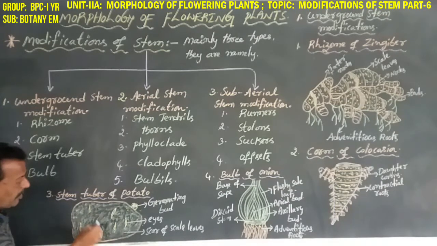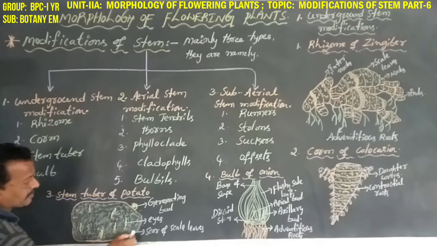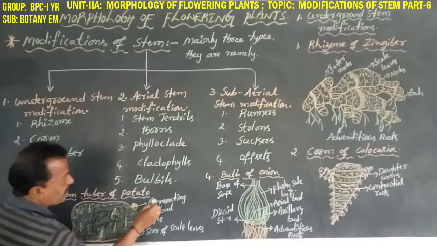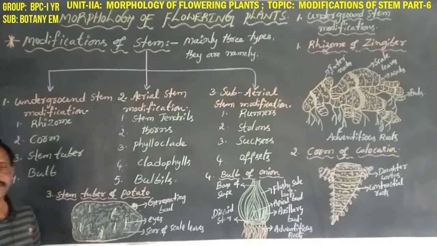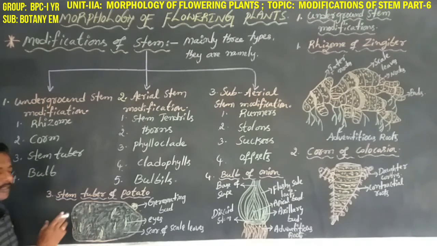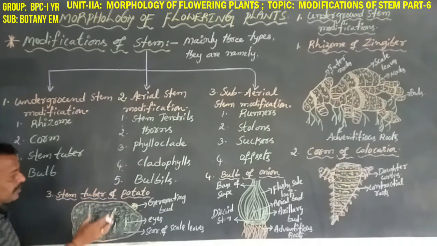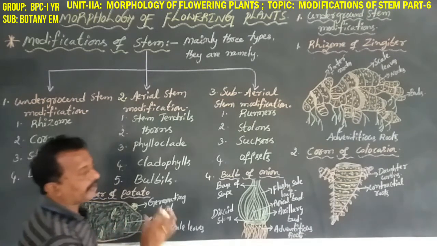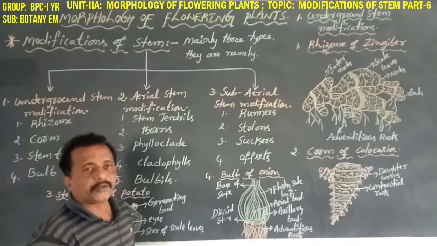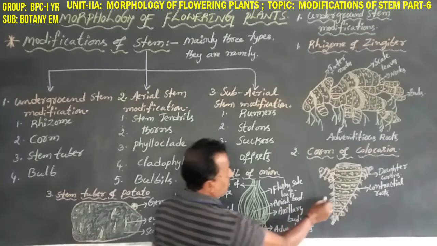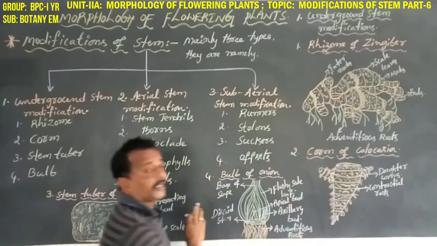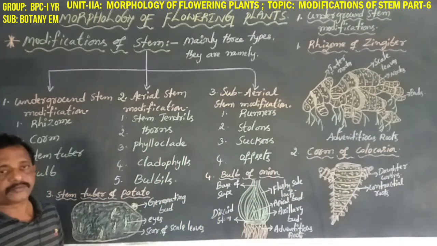These are eyes, this is a scale leaf, and these are germinating buds. Another important thing is that the stem tuber does not have adventitious roots. All other underground stems contain adventitious roots, but this does not.